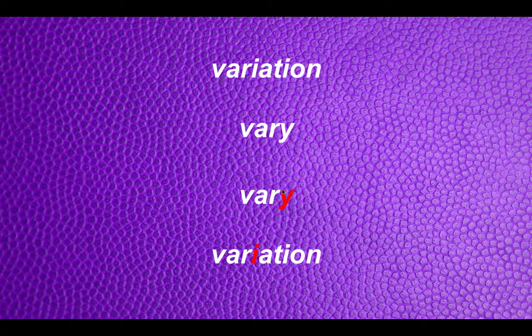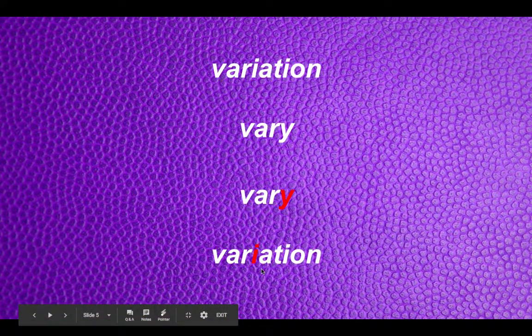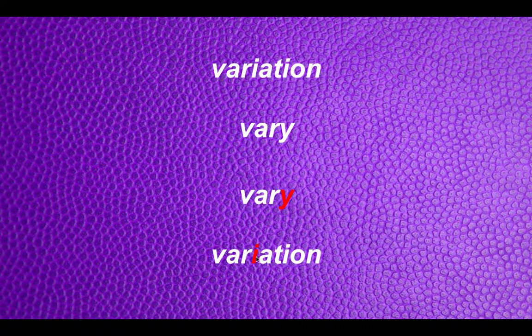We had an E at the end of vary, and we have an E in variation. So the E sound, the actual phoneme sound has remained the same, but the grapheme has changed.